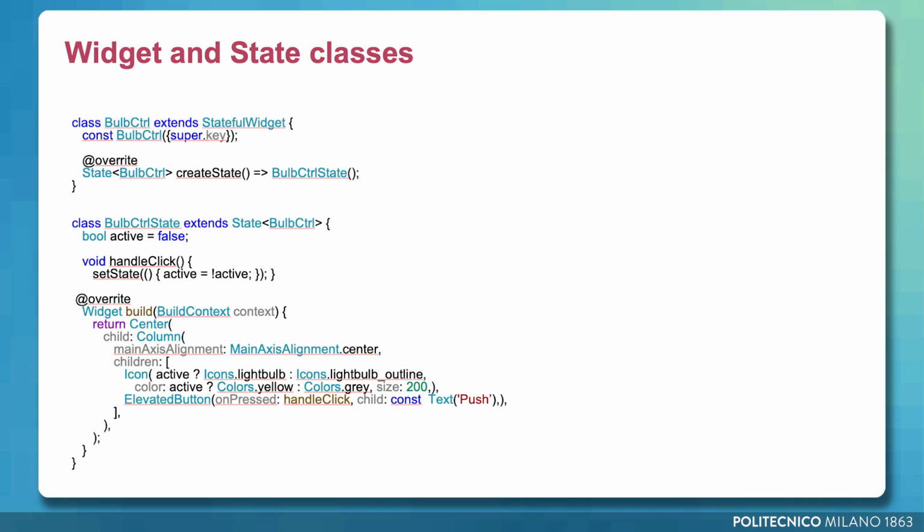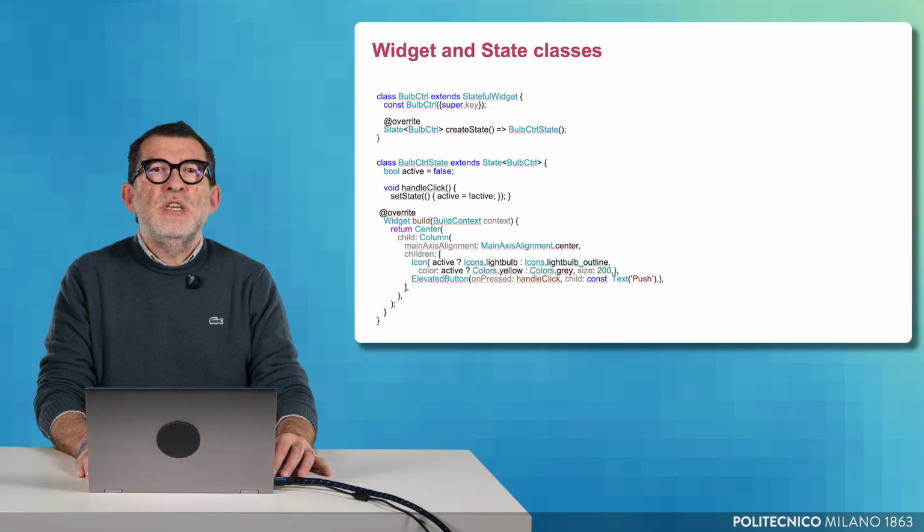We also use the same condition to choose the color, yellow when the bulb is on and gray when it's off, just to display the outline. Finally, we define the button that controls the switch. This is an ElevatedButton where the onPressed parameter is set to the handleClick method, and the child simply contains the text push.